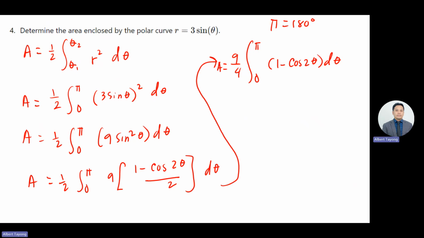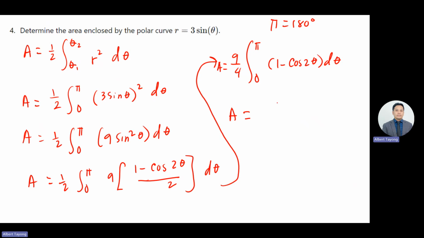So why is this 1 minus cosine 2 theta over 2? This is basically the equivalent of sine squared theta. So we can easily evaluate our integral. Okay, so let's proceed to the last here.